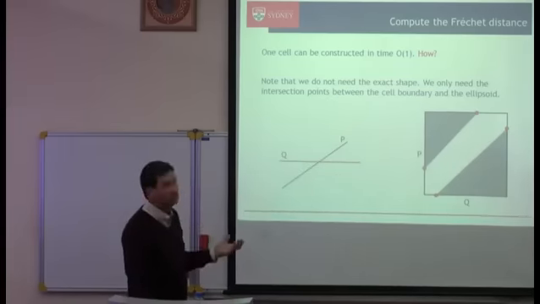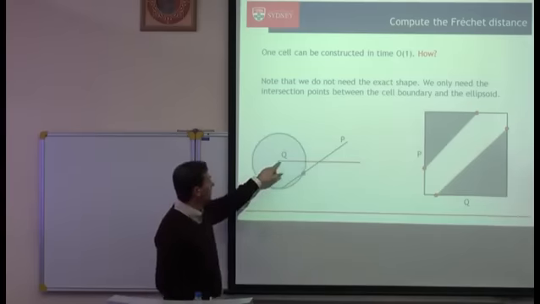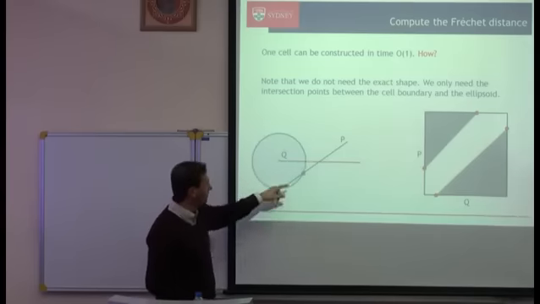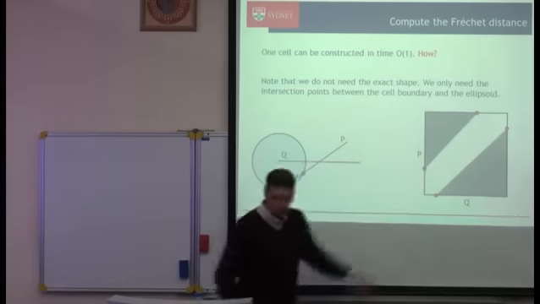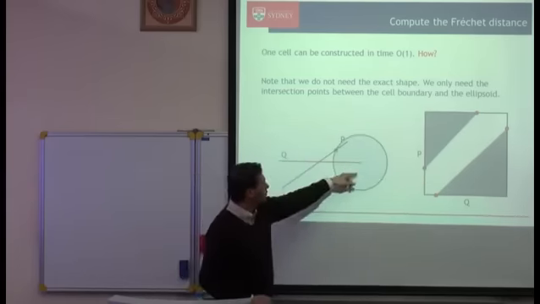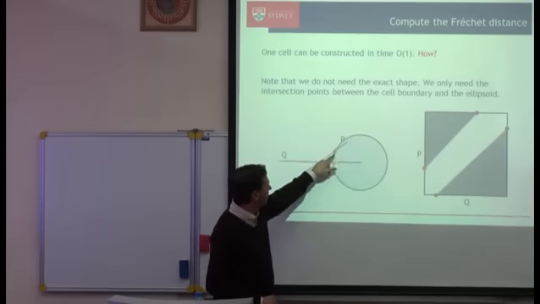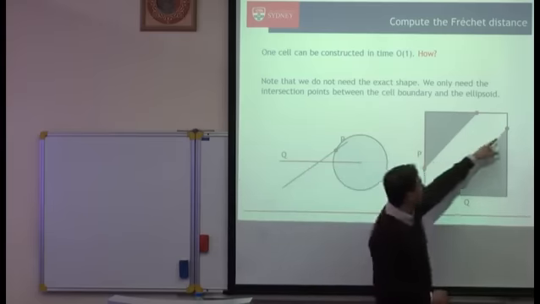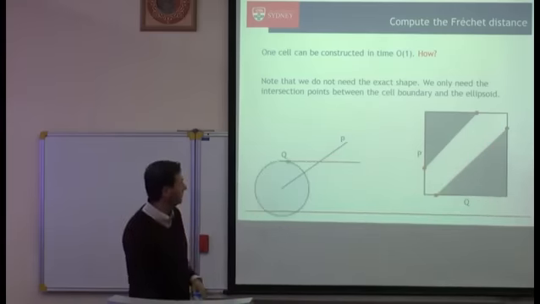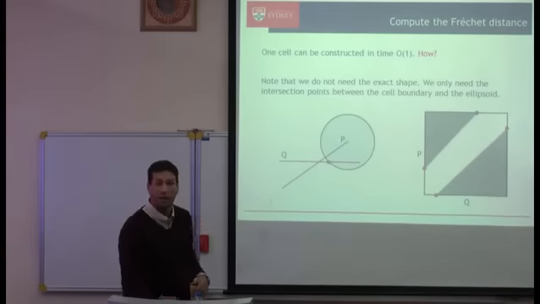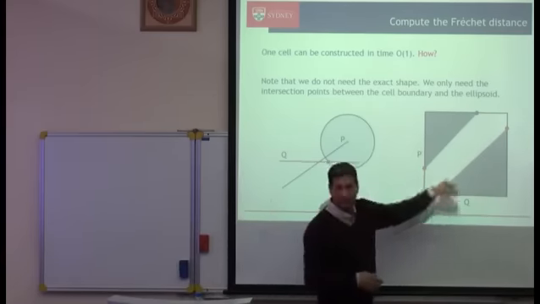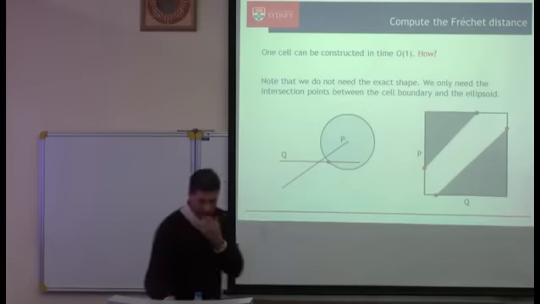This is easy to do. I just take the start point of Q, put a ball of radius r, and that will give me this point. Then I take the end point of Q, put a ball of r, see what I get on P, and then I get this point. And then I continue like this. Using this, I can get all the points that I'm interested in here. Okay?